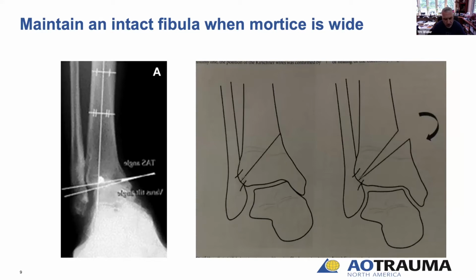So we see the widened ankle mortise here, and by leaving the fibula in place and doing our valgus osteotomy, or taking it out of varus, we actually reduce the ankle mortise at the same time and improve the overall symmetry of the ankle mortise.